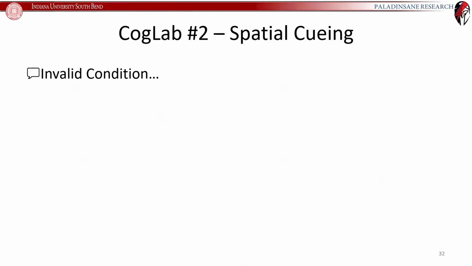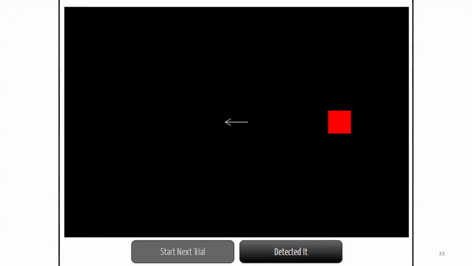However, in the invalid condition, the arrow sent you to the left side, which meant that you were dedicating your attentional resources to processing the left side, which means that when that square popped up on the right side, you basically had to move your attention back to the other side in order to process the red square to the point where you can say, yes, I detected it.